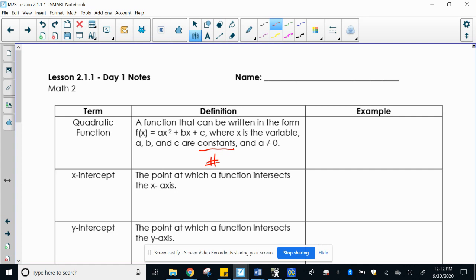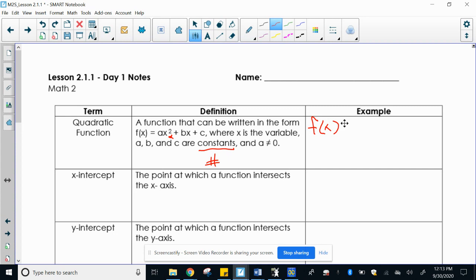Because if a was 0, then 0 times x squared, that first term really wouldn't be there. We'd be left with just bx plus c, which would then be a linear function, which we've examined in previous classes. The key piece of a quadratic function is that the highest exponent in our function is a 2.